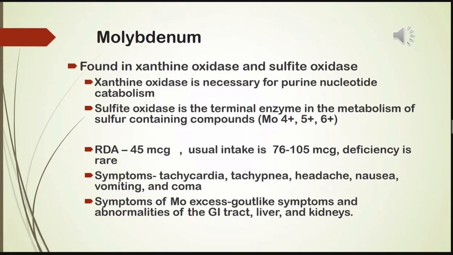Thus, deficiency is rare. Symptoms of deficiency include tachycardia, tachypnea, headache, nausea, vomiting, and even coma. Symptoms of molybdenum excess are gout-like. Also, abnormalities of the GI tract, liver, and kidneys.